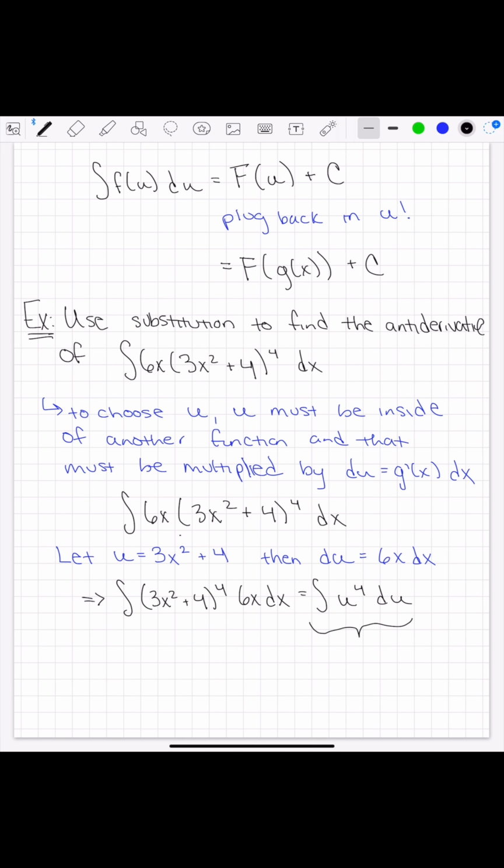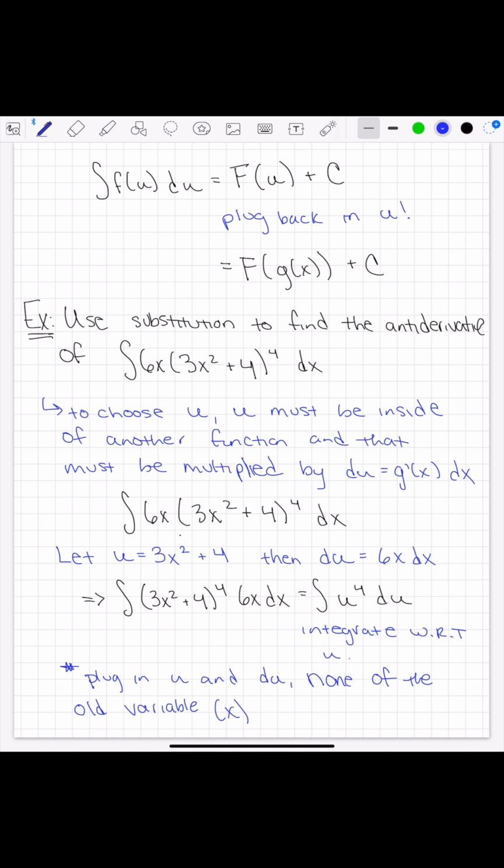And now remember, when you plug in u and you plug in du, now we have to integrate with respect to u. And when I write WRT, that's short for with respect to. When you do u substitution, you should always end up, when you plug in u and du, with none of the old variable, which in this case was x.